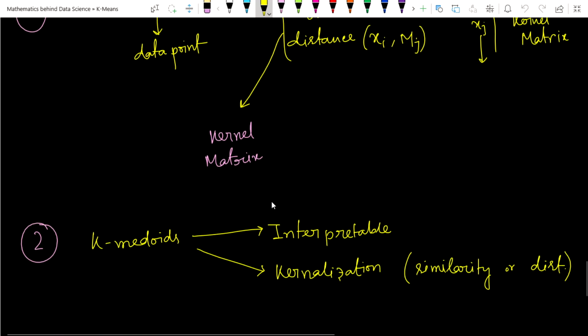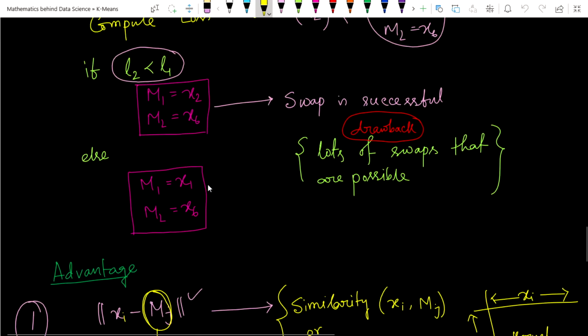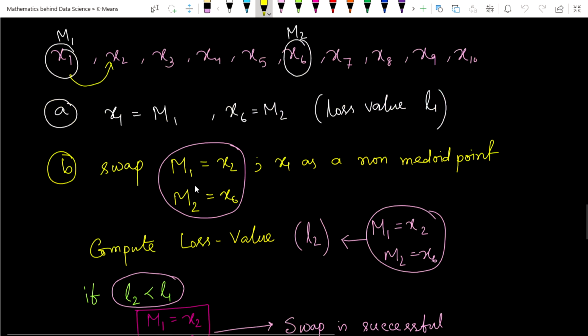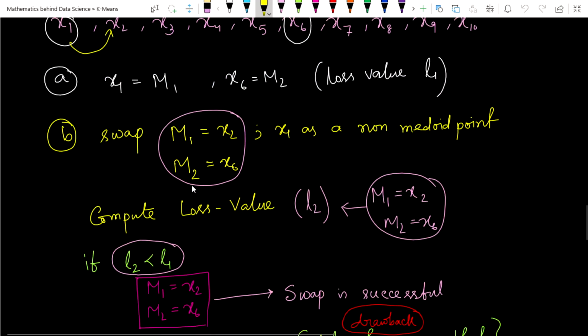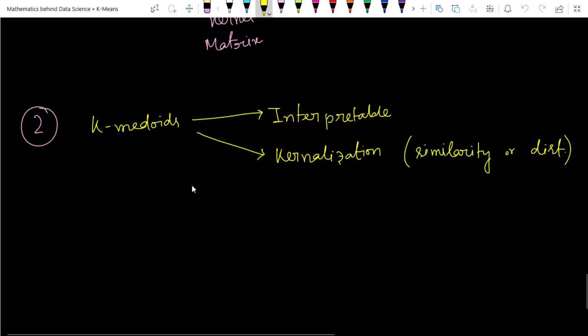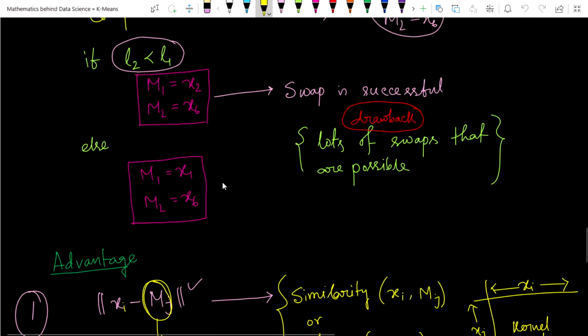That means if anyone gives us some relation between pairs of data points, like how similar they are or how far apart, then the K-Medoids algorithm is possible, whereas K-means may not be possible sometimes. I think you got the idea behind the K-Medoids algorithm. In the next video, we will see how to remove this drawback of K-Medoids.